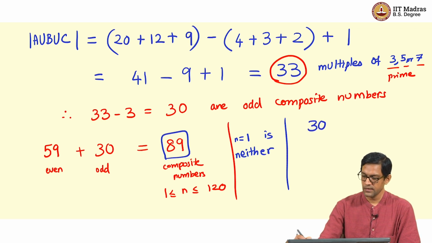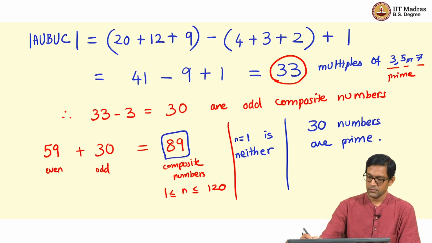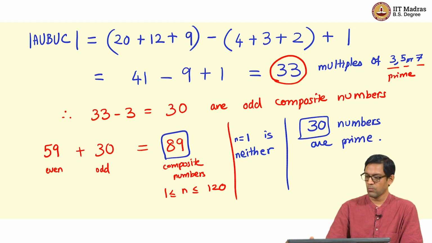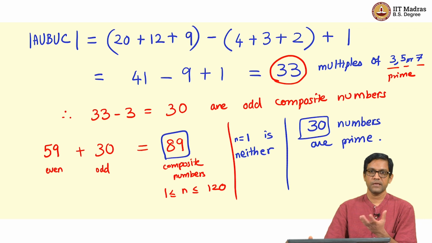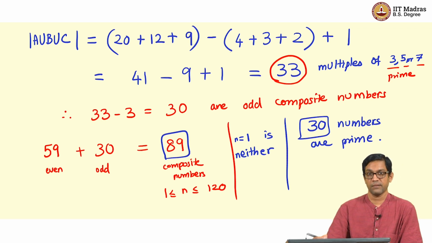So 30 numbers between 1 and 120 are prime. What we have actually done is computed the total number of prime numbers from 1 to 120 using very minimal information. We did not actually write out all the prime numbers in this case.